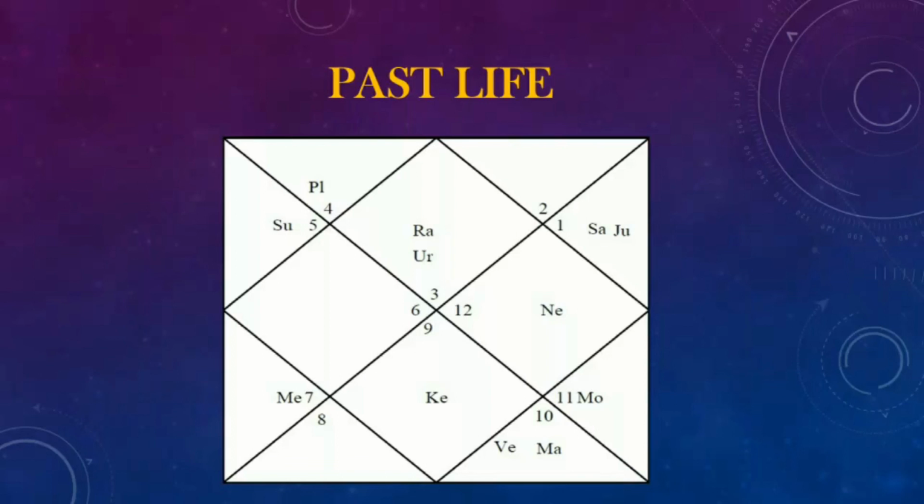And lastly, I would like to add that irrespective of Saturn's house placement, a debilitated Saturn also represents that this native might have misbehaved with the servants, with the people who belong to a poor class.